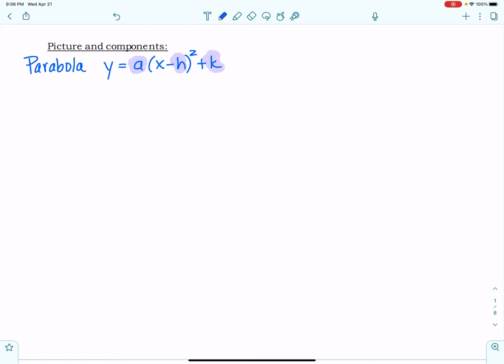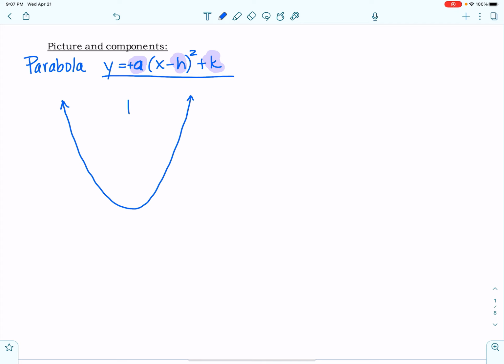The x and the y will remain x and y. So what does this tell me about my parabola? Well, if I have a parabola, and this parabola is illustrated by this equation because it's y equals, this a right here is positive because there's no sign written there. So that means that our parabola opens up.